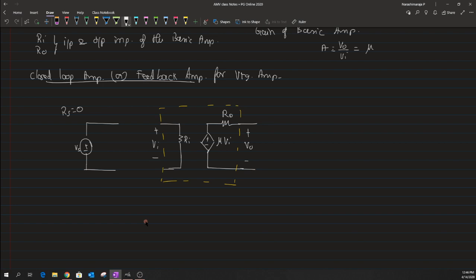Now we need a feedback network. Let me draw the feedback network with just the dotted line, but let us try to recall how it can sample the voltage. Basically, in order to sample the voltage, we have to use the shunt connection.